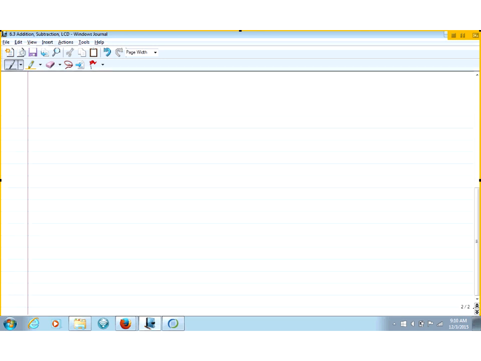What is the LCD of number 4? Find the LCD of 2 over x squared plus 5x plus 6, and x over x squared minus 9, and 3 over (x plus 3) squared.